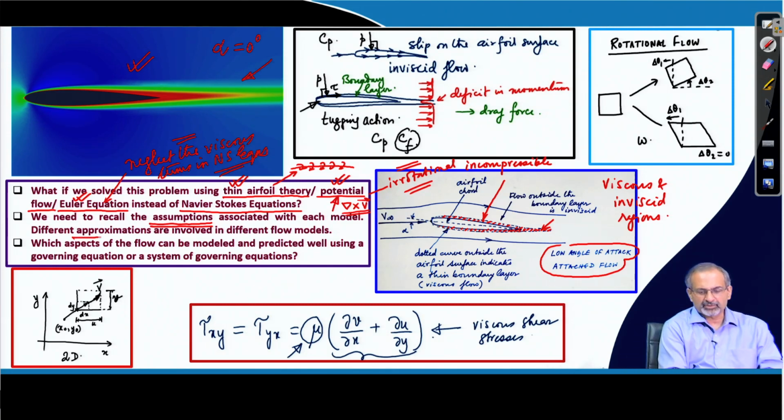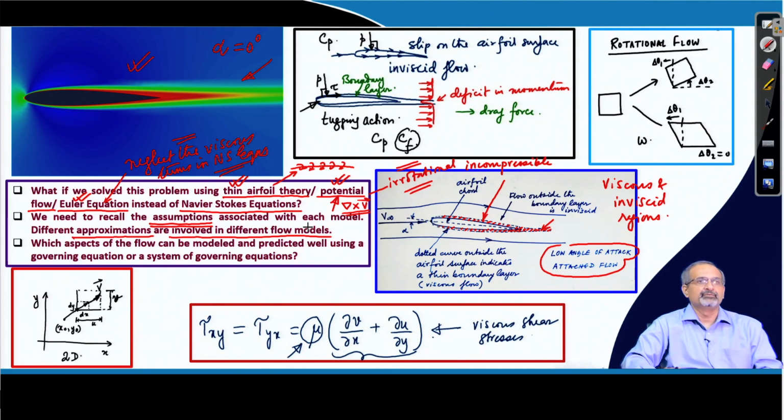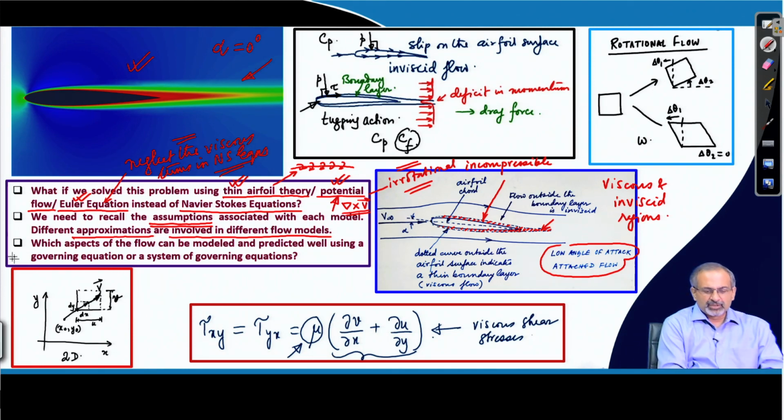So, the different approximations which are involved in the different flow models have to be very well set in your mind when you look at results like this. That is a very, very important message that we are trying to send. And then coming to the last bullet point, which aspects of the flow can be modeled and predicted well using the governing equations or a system of governing equations. That also should be well understood by you.